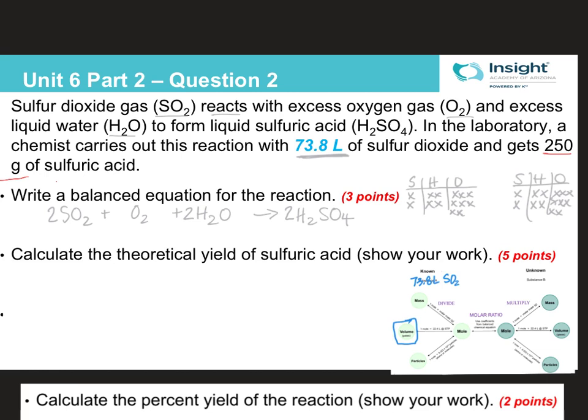But that's my actual yield. That's going to come in handy when we have to do this percent yield. What I need to do is calculate my theoretical yield, so I need to put that into mass as well so that I can compare it to that 250. All right, so my question is grams of H2SO4.